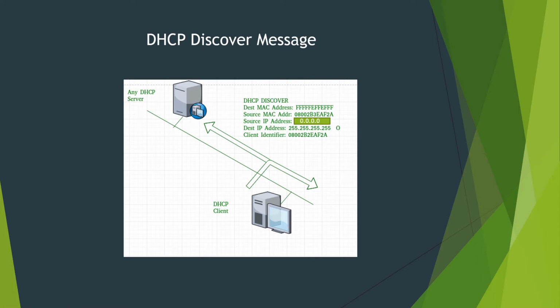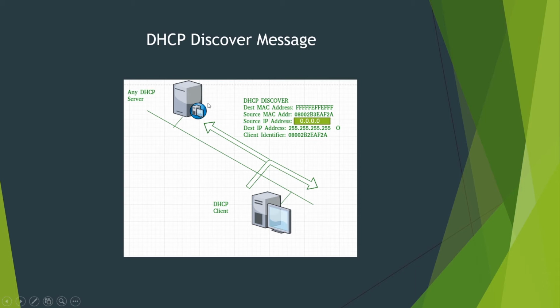And the destination IP address is 255.255.255.255. It is all ones. It means that this message should be broadcast to every computer in the network. And the client identifier is this one, which is nothing but the MAC address of this computer.